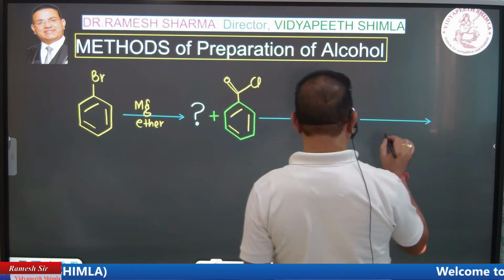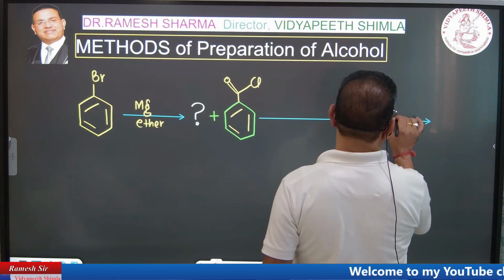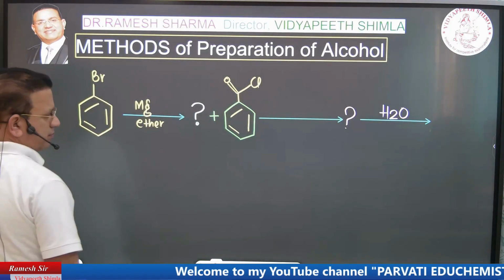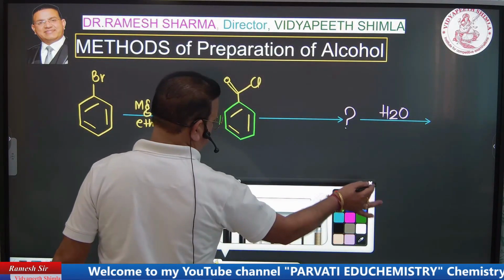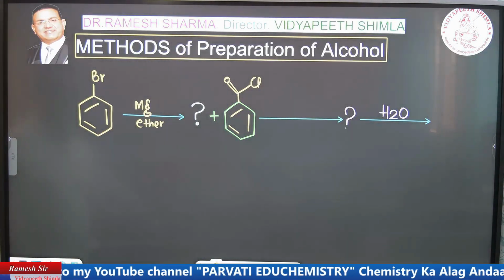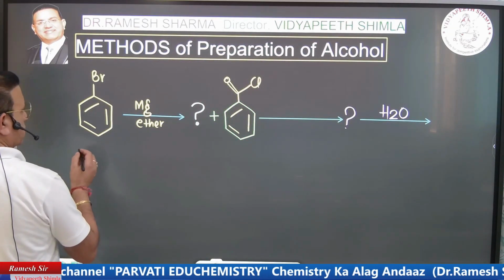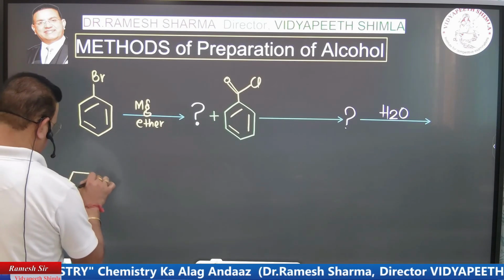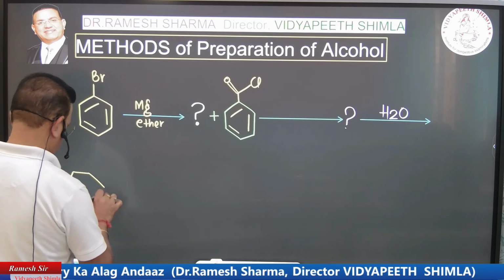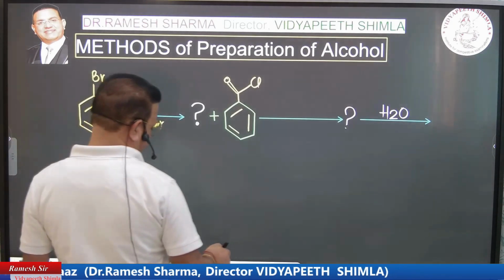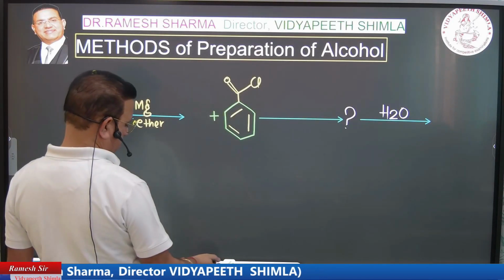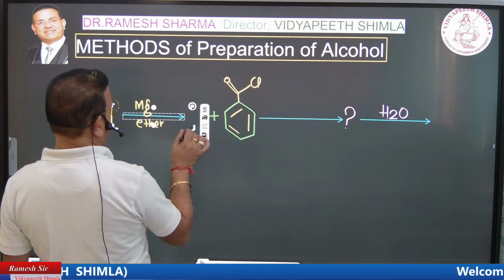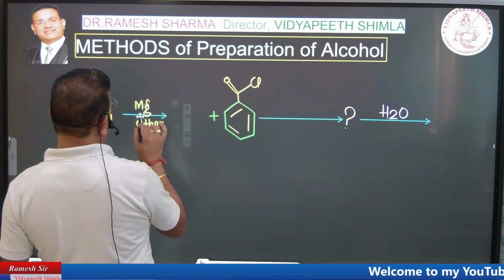Followed by hydrolysis. What will be the product of this reaction? So here we got it, what? Grignard reagent. And Grignard reagent is an organometallic compound.